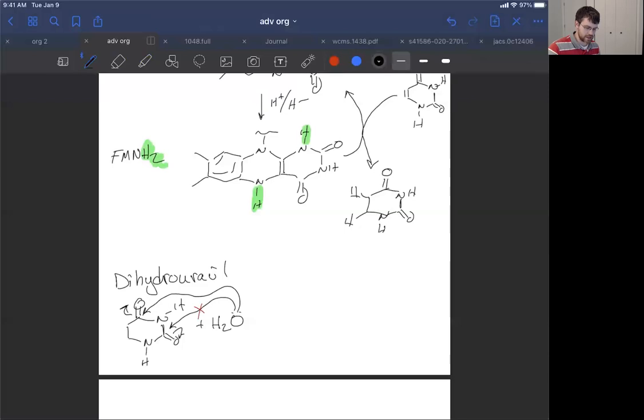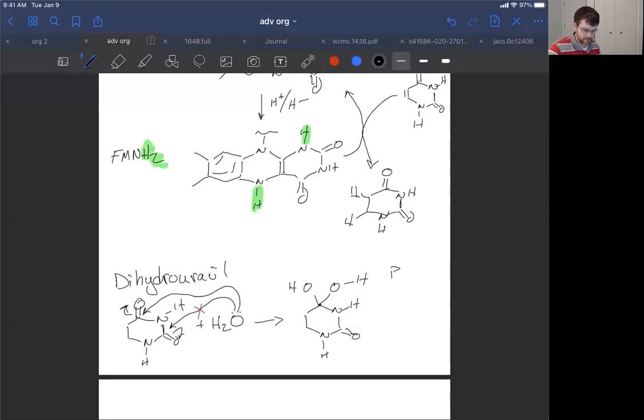Sorry, that's probably not the best note-taking strategy. So if we add here, we'll go ahead and just draw that tetrahedral intermediate. I'm going to go ahead and just allow hydrogen transfer to occur because the water is getting deprotonated, as this is probably hydrogen bonding to something in the active site.